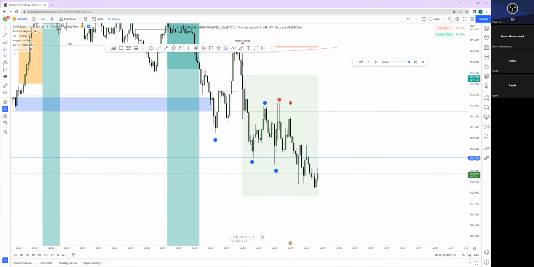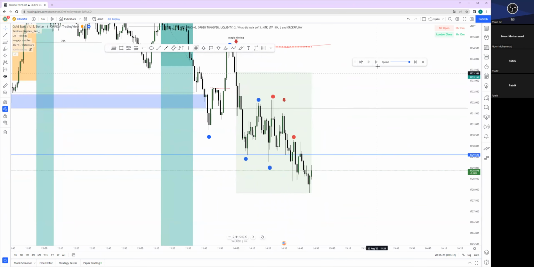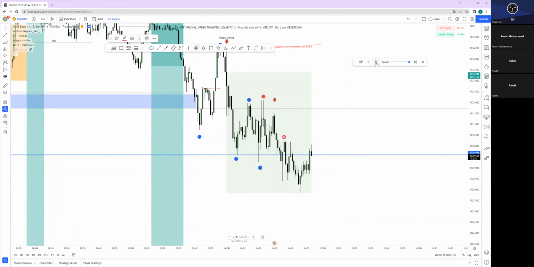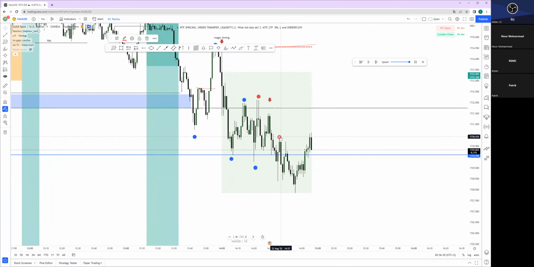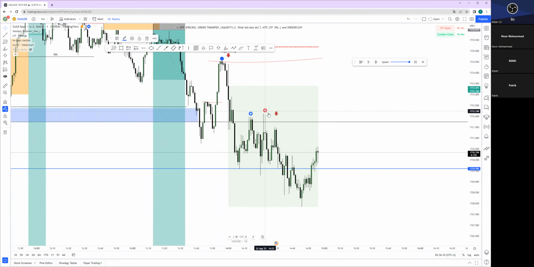This is your structural point. You wanna see this swept before continuing up, showing some kind of momentum. And it sweeps. Okay, this can be a trap for smart money traders again.